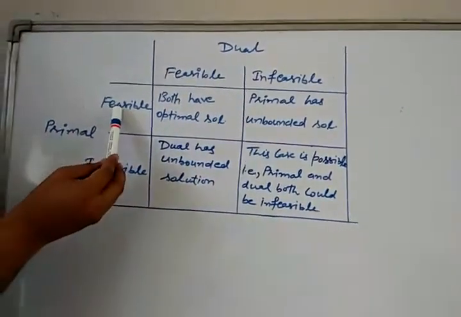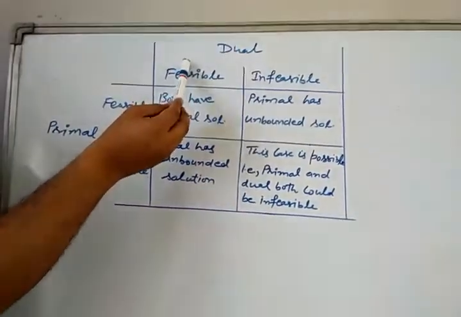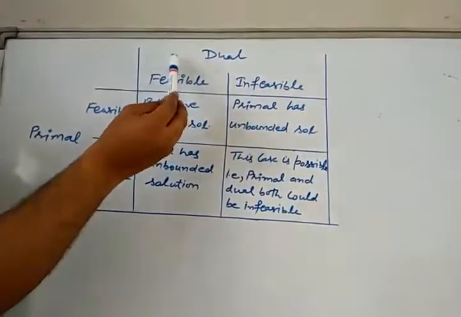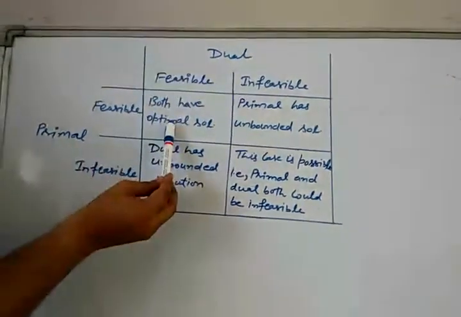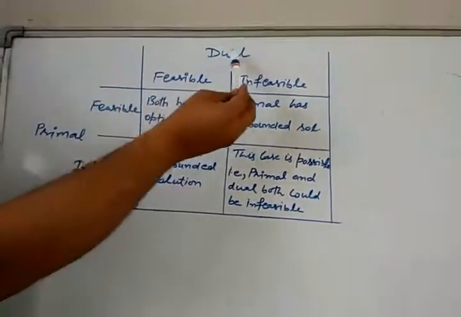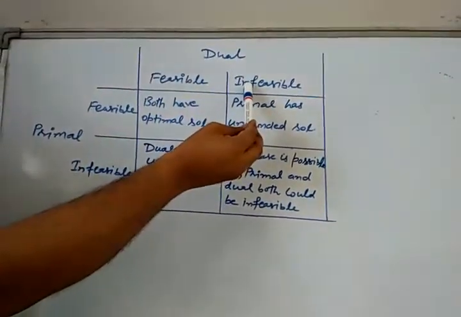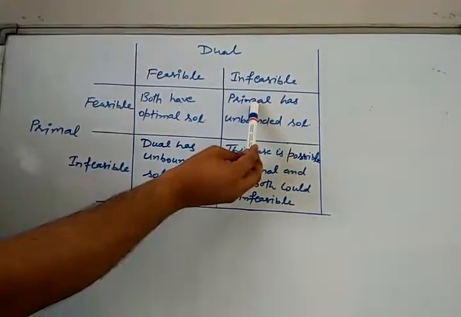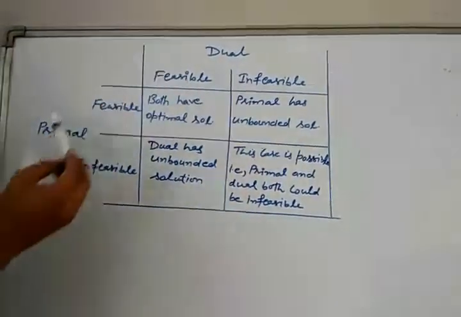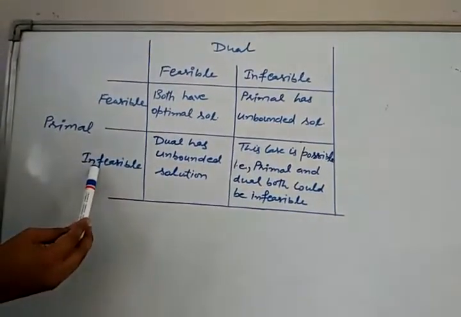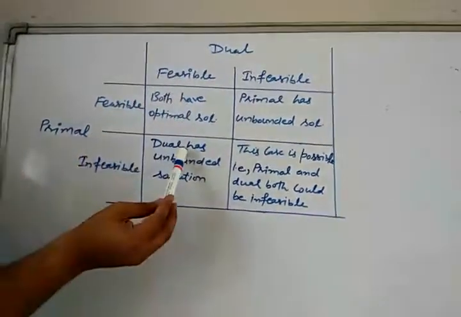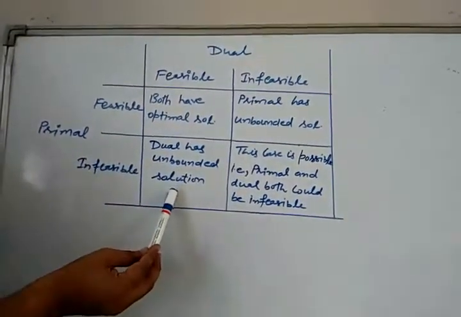If the primal has a feasible solution and the dual has a feasible solution, then it implies that both have optimal solutions. If the primal has a feasible solution and the dual has an infeasible solution, then it is definite that the primal has an unbounded solution. If the primal has an infeasible solution and the dual has a feasible solution, then it is definite that the dual has an unbounded solution.